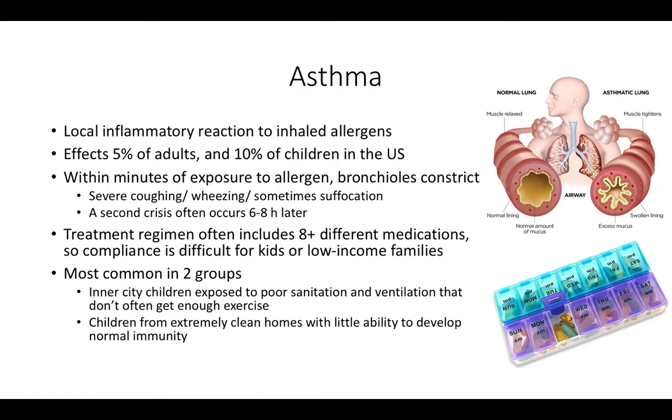So asthma is really common or most common in two groups. One of those groups are inner city kids that are exposed to really poor sanitation, really poor ventilation, maybe they don't get enough exercise. And then the other group is the extreme opposite of that. So children that come from extremely clean homes and really don't have the ability to develop that normal immunity.